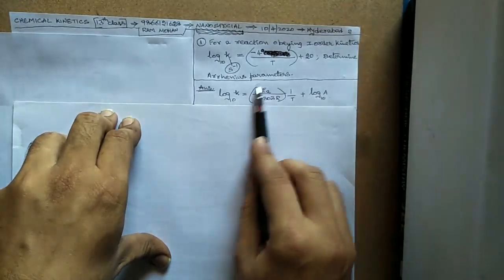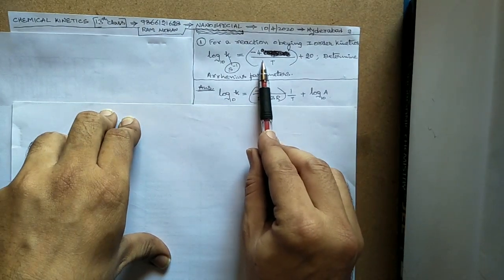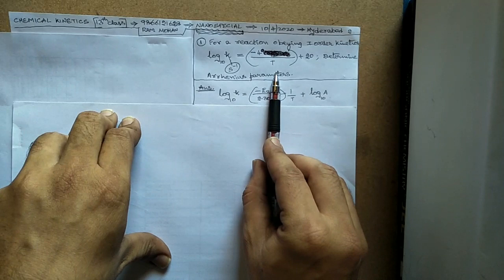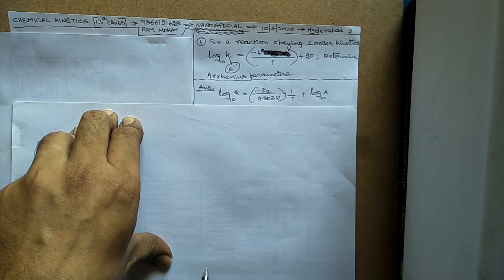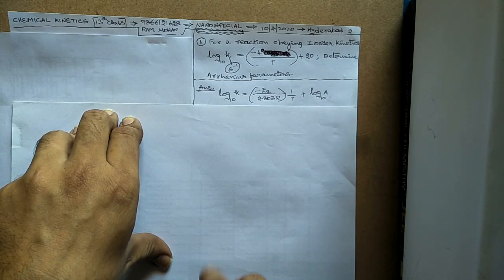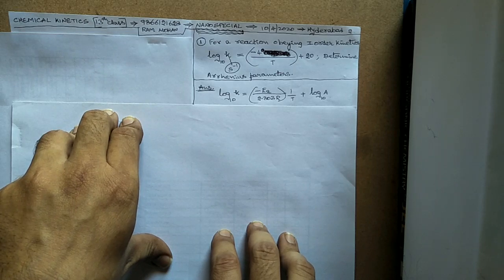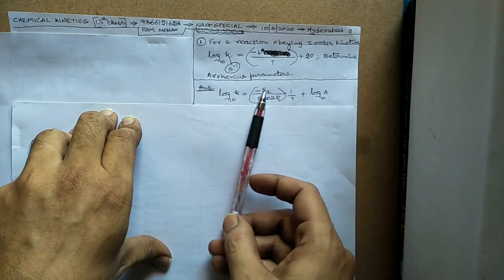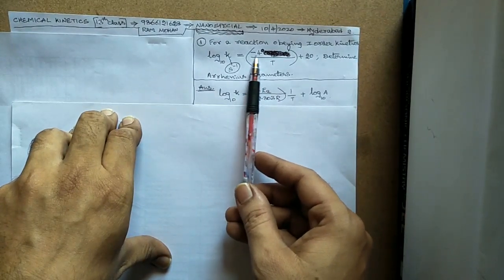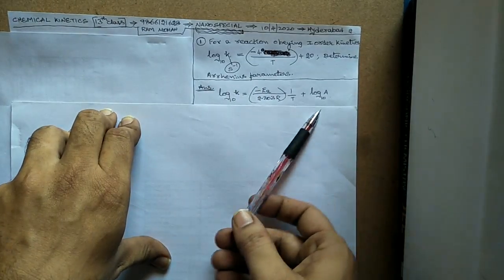The slope is given by minus EA by 2.303 R. What is the slope given here? Whether 40 or minus 40 by T? Slope is just minus 40. So I have minus 40 as the slope. So equate minus EA by 2.303 R is equal to minus 40, and we have log A to base 10 as 20.